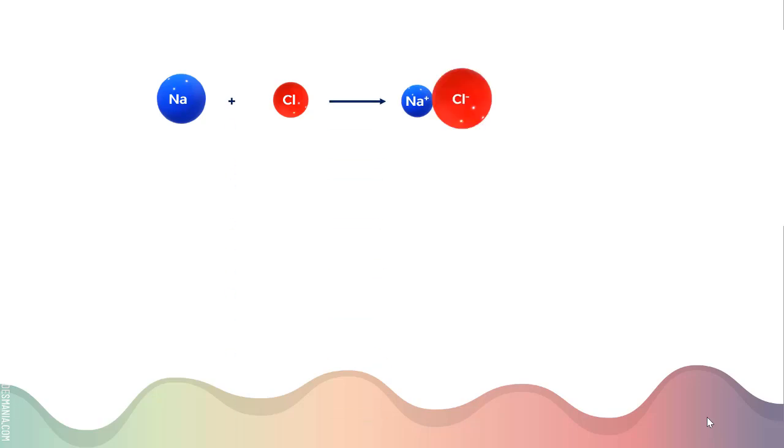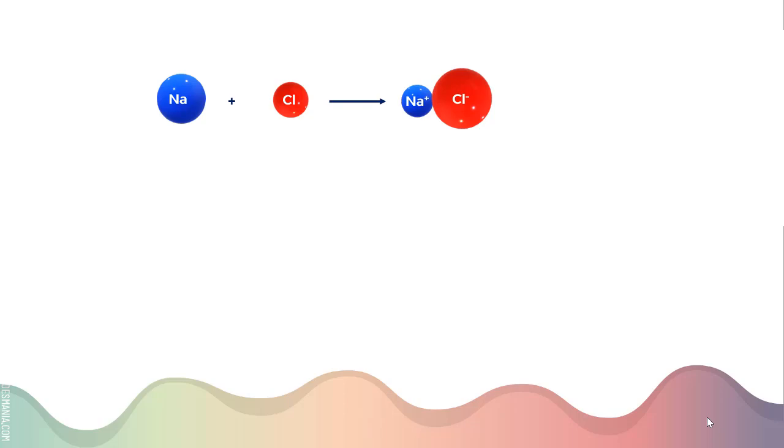As you have learned, ions are particles bearing an electrical charge. A cation forms when a neutral metal atom loses one or more electrons from its valence shell, and an anion forms when a neutral non-metal atom gains one or more electrons in its valence shell.